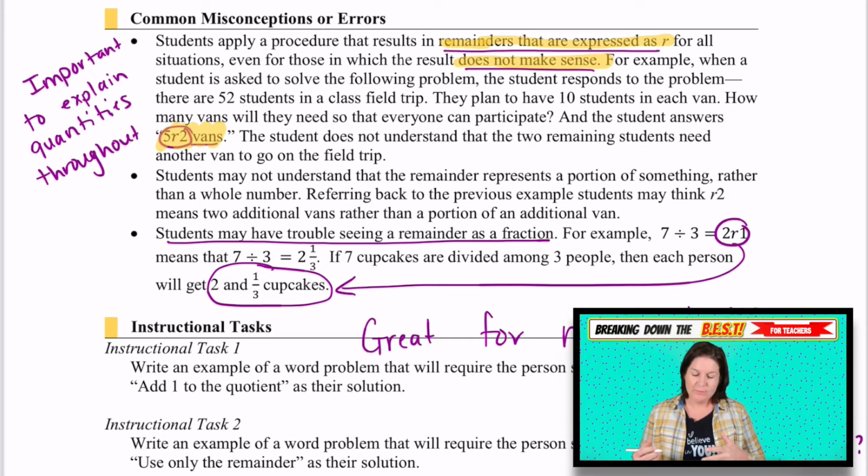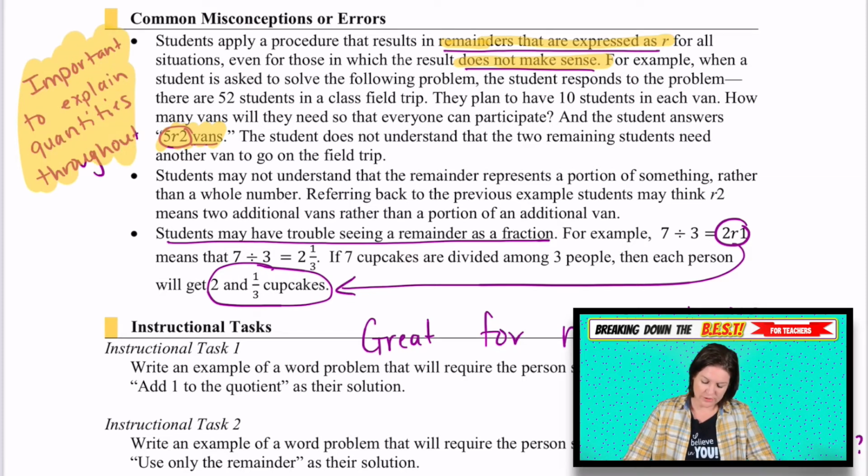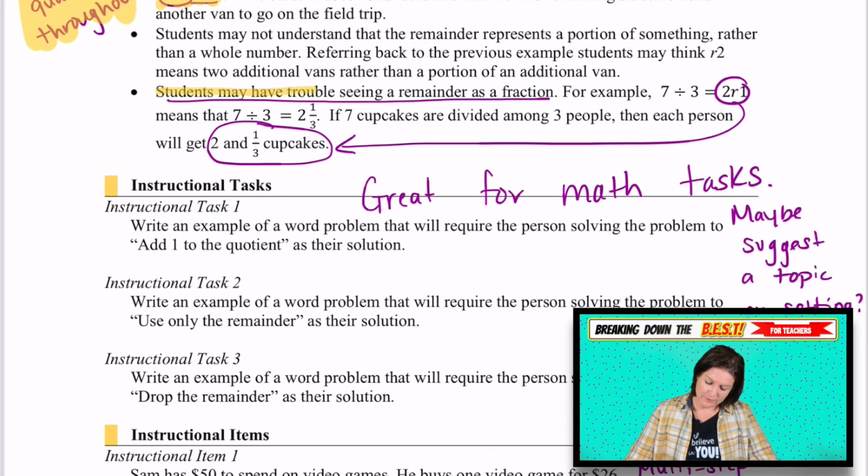So a lot of the misconceptions will be that a student understands that division is used, but then doesn't manipulate the answer to match what's being asked in the problem. So it's important for us as teachers to teach our students how to explain the quantities throughout.